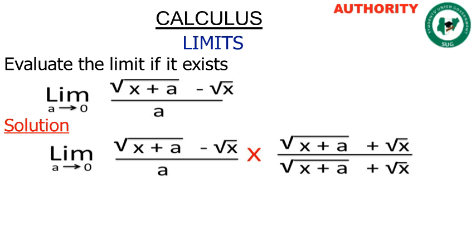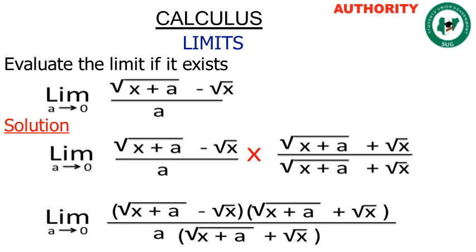Now let's see what we are going to do here. We have the limit as a approaches 0. Let's take them together and put them in brackets. So we have square root of x plus a minus square root of x in brackets, times square root of x plus a plus square root of x in brackets, all over a, then square root of x plus a plus square root of x in brackets.